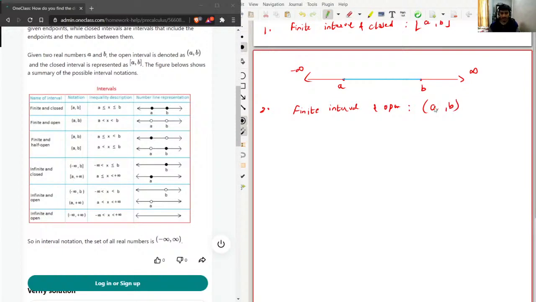So this is the notation, and again, according to the number line, let's say this is the value a, this is b, then my function will be defined. This kind of circle means that the value at this particular point is not included.